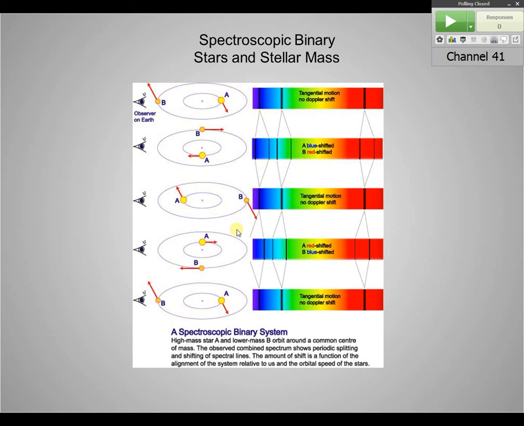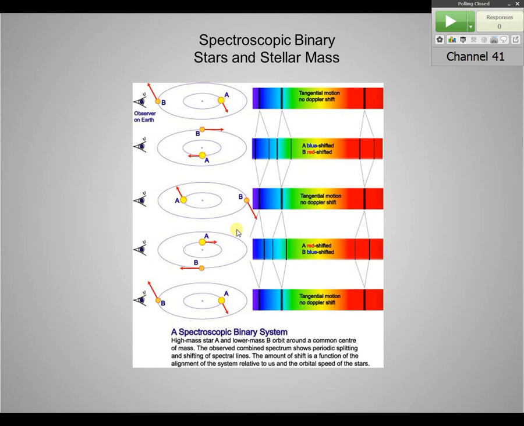Whereas this line that had been red shifted before is now blue shifted, indicating that it's moving towards you. And then you keep watching the star and you see the original spectrum that you saw before, and then the pattern continues to repeat.